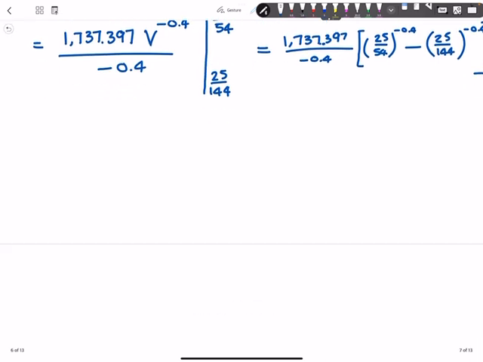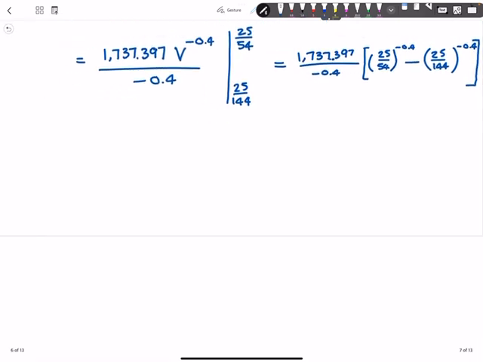At this point, I would definitely say use your calculator to evaluate that. When I evaluate it, I got 2,839.5498, and this will be measured in foot-pounds.